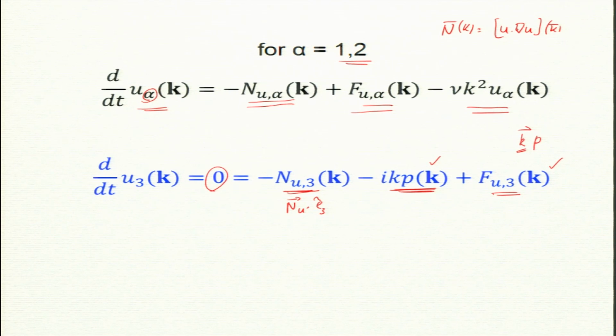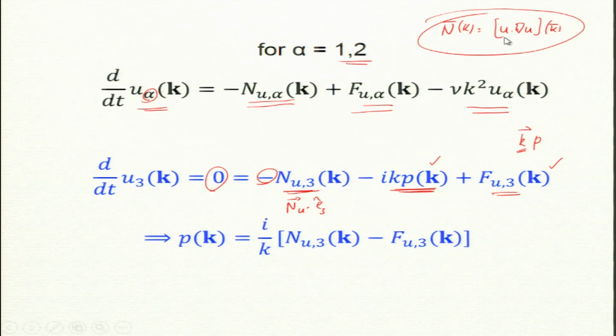That is my notation. So when I take it to the right hand side, this minus sign is coming. So remember, please, this is my definition of nk. So is that fine? So I can compute pressure by this formula. Just invert this and you will get that.